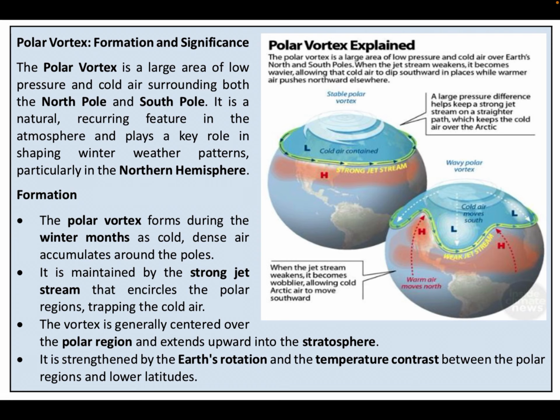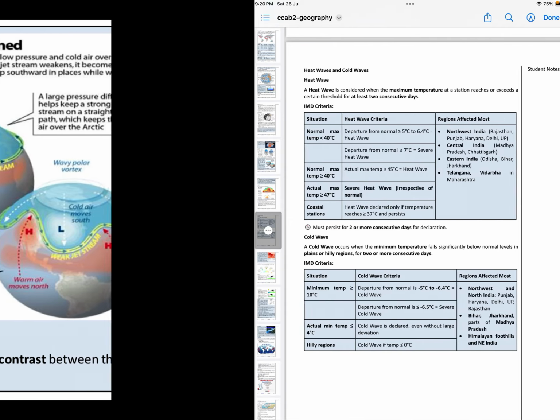The formation is due to the winter months and strong jet streams in the polar region and upward to the stratosphere. Earth's rotation also strengthens that process, and the temperature contrast between the polar region and lower latitudes also strengthens it.